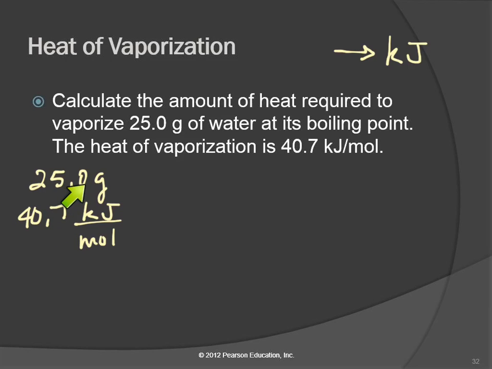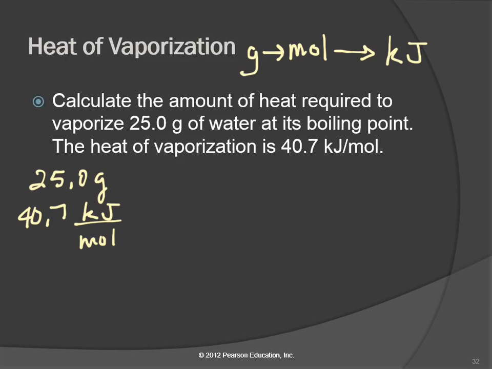That one's not going to convert anything. So that's probably the one we're going to start with. We're going to start with grams. Do we have a relationship between grams and kilojoules? Yes. Directly? No. But we have kilojoules to moles. So if we had moles in here, can we get from grams to moles? Yeah, molar mass. So there's our path.